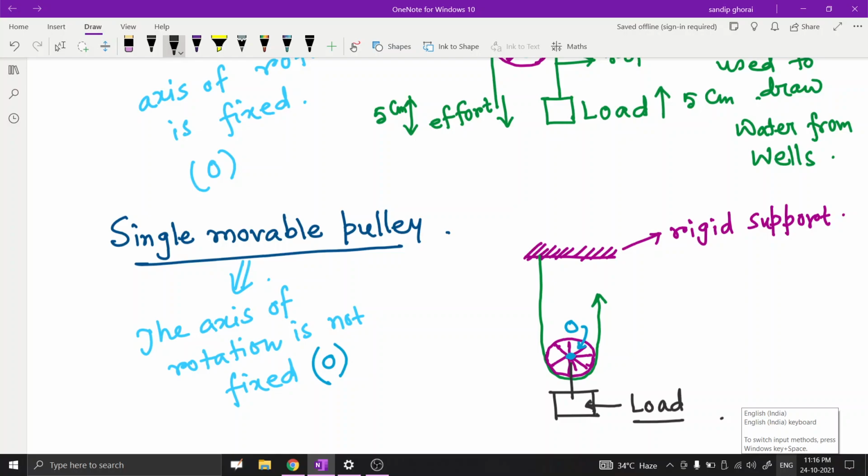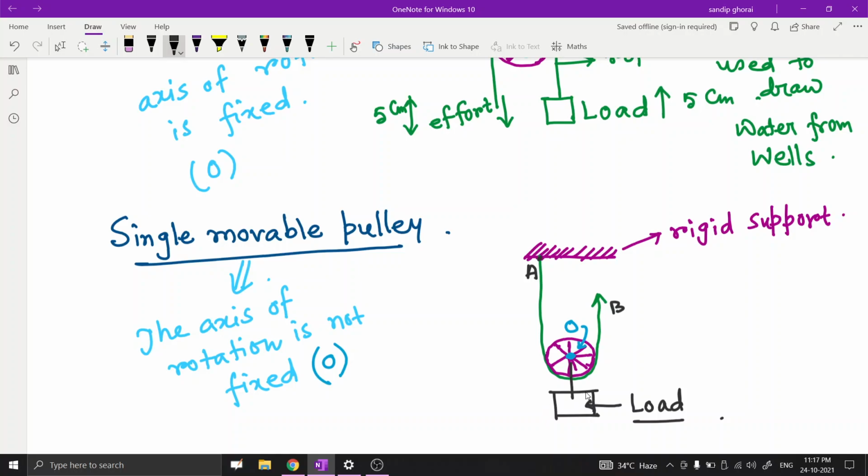One end of the rope which passes over the groove is tied to the rigid support. This point A is fixed. The effort is applied on the other end of the rope, at B, and the load is attached to the pulley.